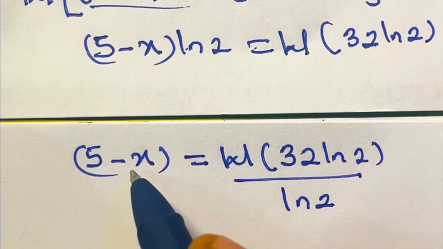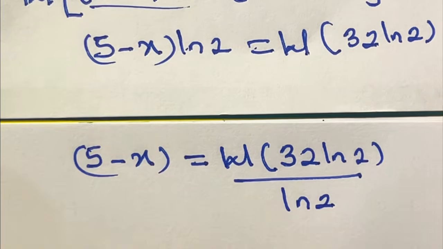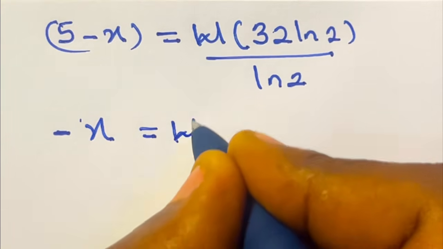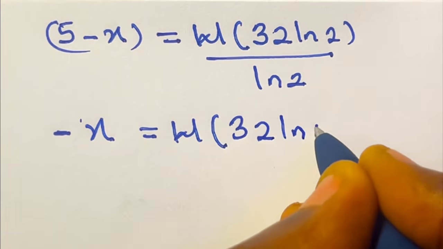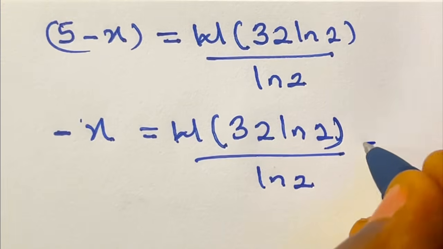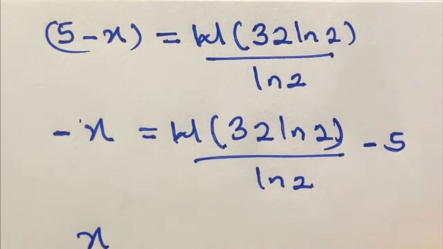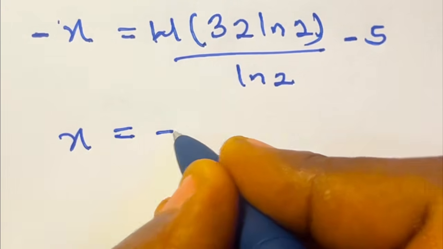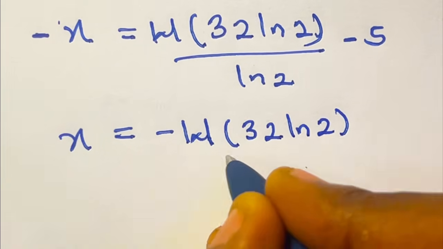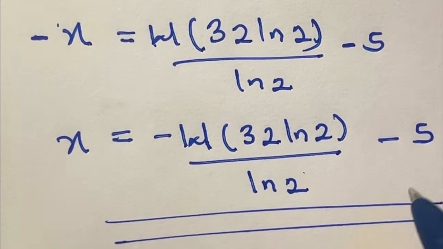Then we transfer 5 to the other side, so that we have minus x equals the Lambert function of 32 ln 2 divided by ln 2 minus 5. So with this, we are going to have x equals minus the Lambert function of 32 ln 2 divided by ln 2, plus 5. Guys, this is our final answer.